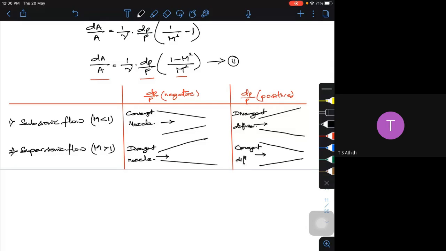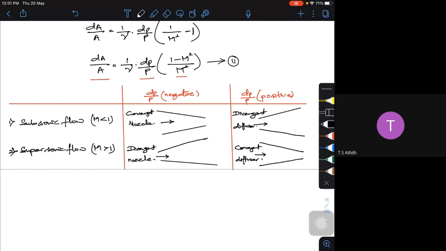So depending upon, if at any given point the velocity, that is your Mach number, is less than 1, then what will happen to your dA? For a given condition dP by P, dA will become negative.